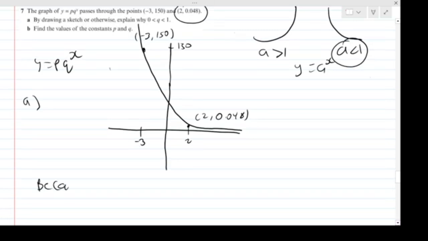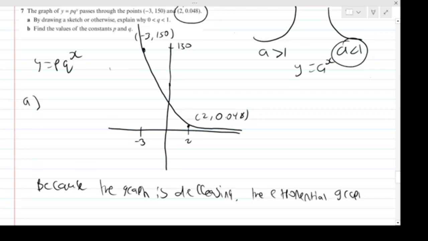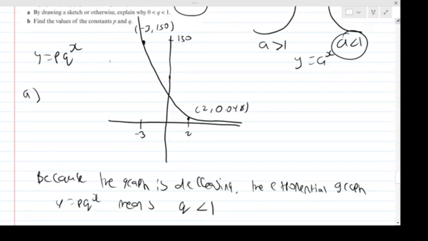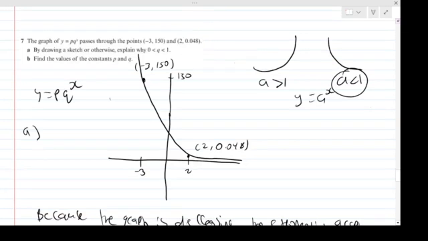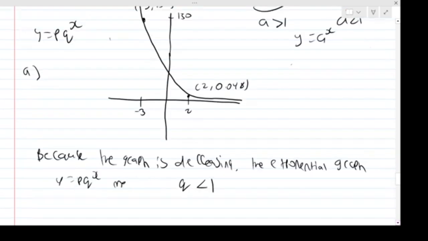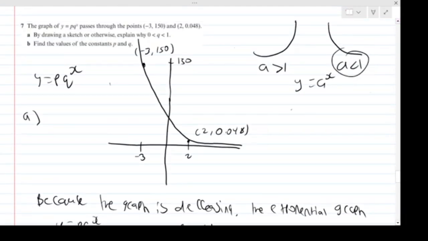Because the graph is decreasing, the exponential graph y is pq to the x means that q has to be less than 1, but it also has to be above 0, for the simple fact that we don't really need to consider when a is 0, because obviously if y is equal to 0, then it's nothing, right? If we raise 0 to the x, that's still 0. So you know what I mean?